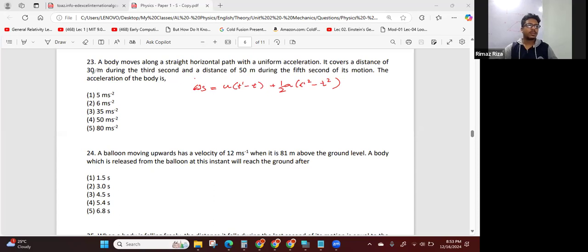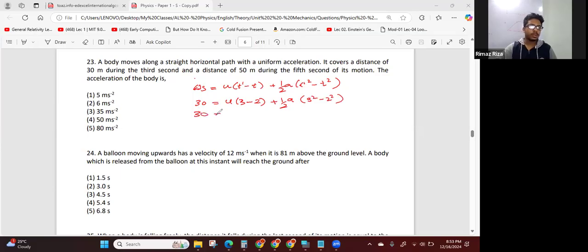Here it says the distance traversed during the third second is 30. So 30 equals u, which is unknown, times (3 minus 2) plus half into a times (3 squared minus 2 squared).